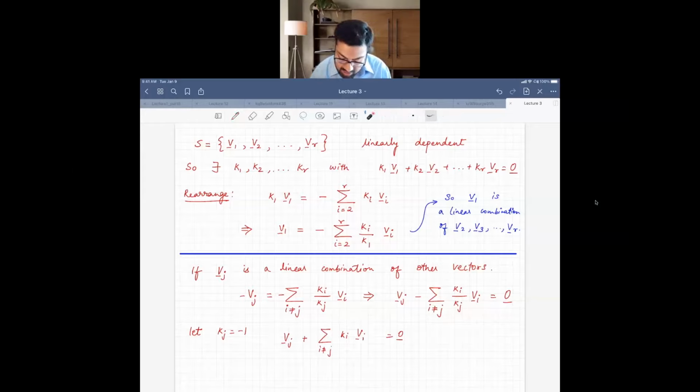So for vj, the coefficient is 1, so you can just bring that into the summation here, making it summation for i equals 1 to r, k sub i v sub i equals the 0 vector. Which means what? Which means a linearly dependent set of vectors.